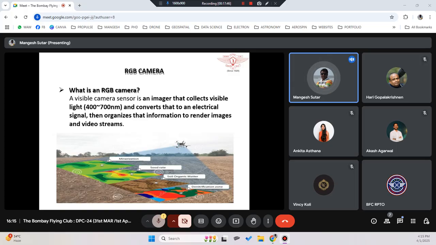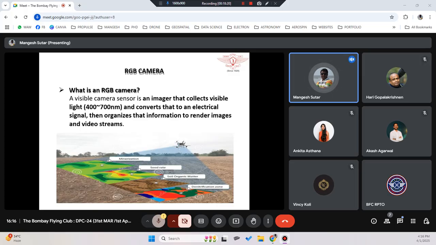I have taken soil monitoring for my PhD thesis, and put in a proposal, because that is where I have seen farmers do not have access. Soil monitoring can only happen when you take soil from your land to the lab, get the report after 3, 4, or 5 days, and only then come to know. So a lot of time is wasted.